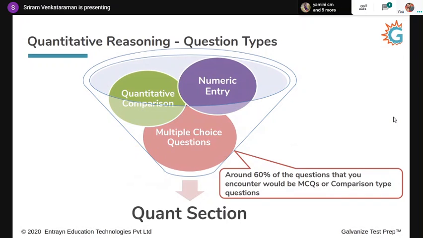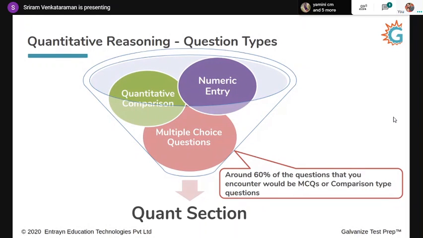Then you also have numeric entry questions, where you're expected to type in your answer either as a decimal or as a fraction. If it's a fraction, they would usually give you two boxes, one for the numerator and one for the denominator.